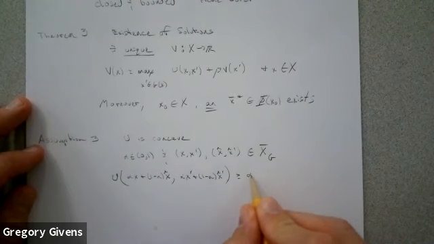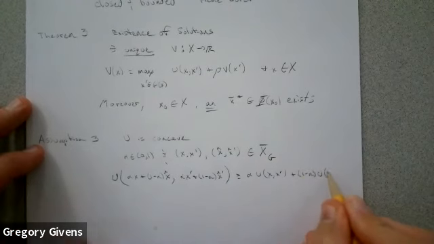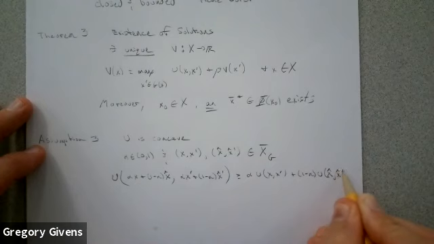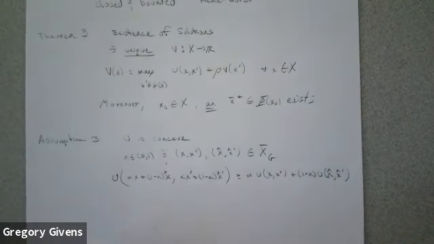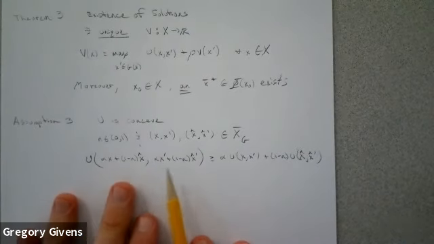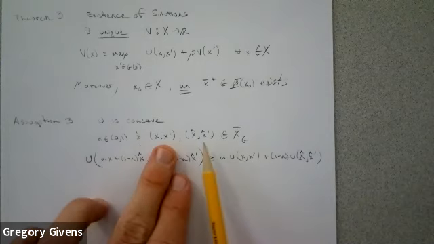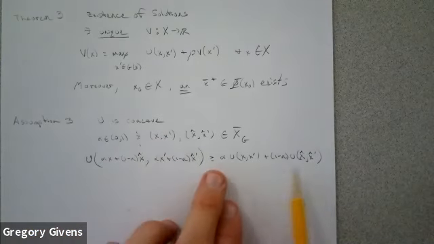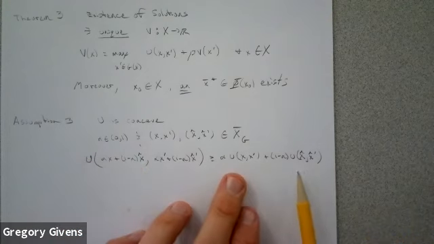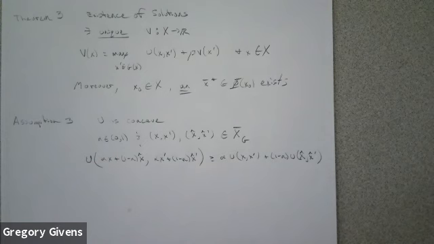So that's alpha U of x, x prime plus 1 minus alpha U of x hat, x hat prime. So concavity requires that the payoff function evaluated at this linear combination of these 2 points is bigger than the same linear combination of the payoff function evaluated at the 2 points separately.